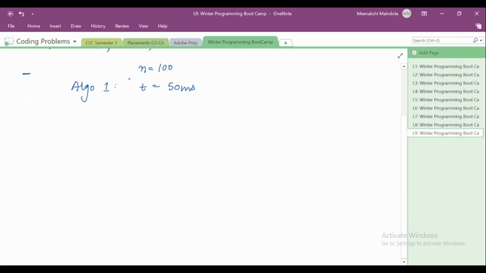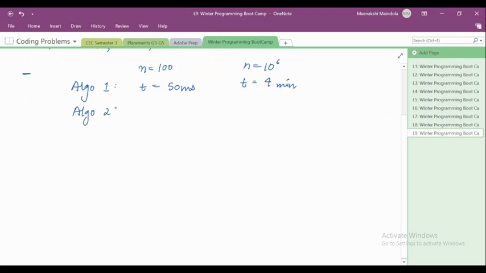The same algorithm, if it works for n equal to 10 to the power 6, and t is the time within which it is going to completely use up these n elements, is going to take 4 minutes. So this is about algorithm 1. If the value of n is 100, it takes 50 milliseconds, and if the value of n is 10 to the power 6, it takes 4 minutes. This is an example.